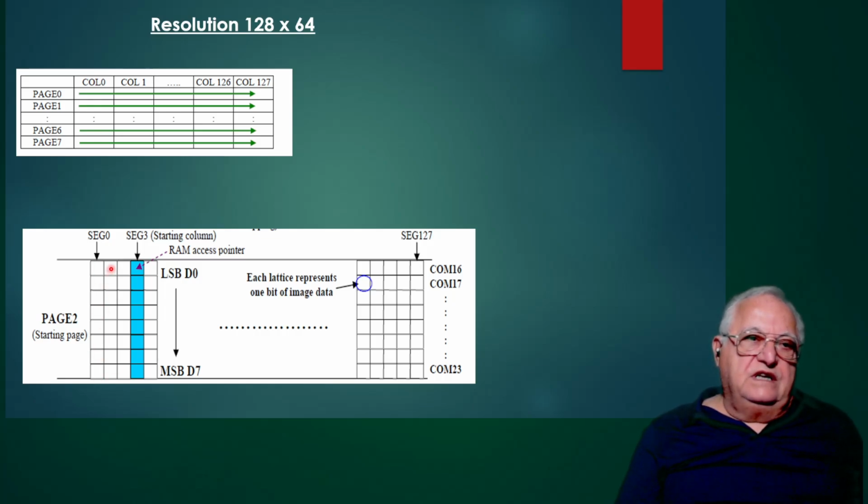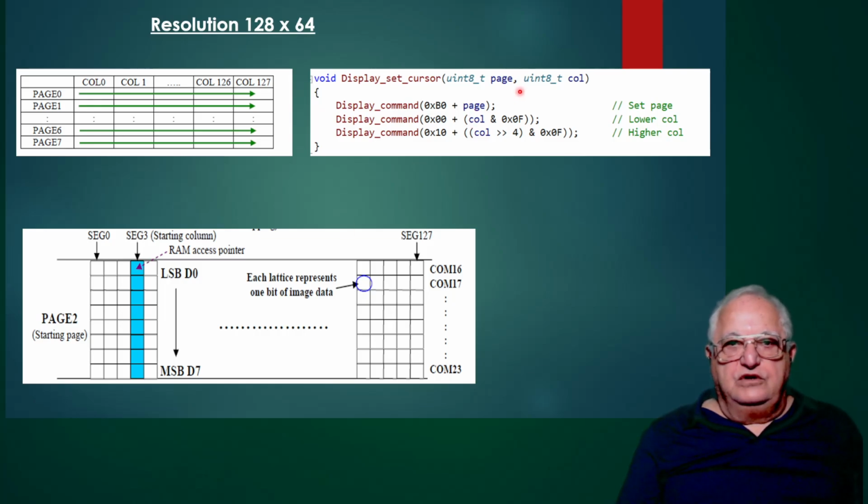So when we send a word to the display, we have to do two things. We have to tell it in which page it's going to place it, and then once you know the page, in what column of that page it's going to place it. So let's look at the code. We have to set the cursor, so it's display set cursor.